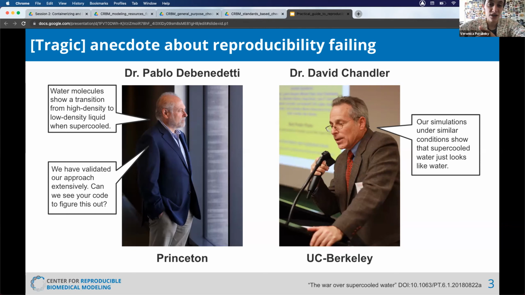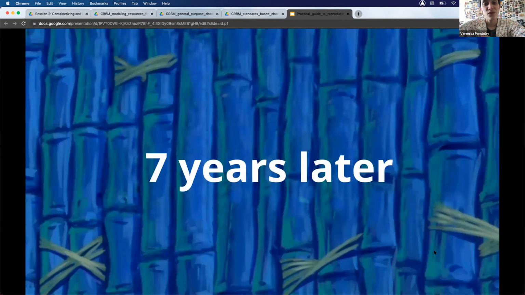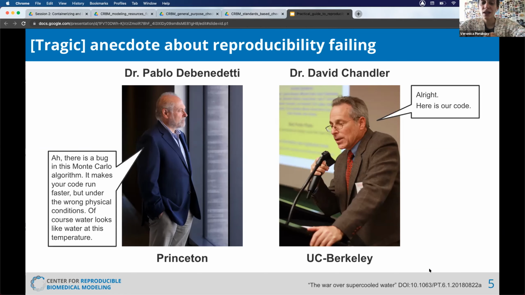And so the De Benedetti group spent a large amount of time extensively validating their code and findings. Ultimately, they requested to see the Chandler lab's code, and over the course of 7 years, the debate remained with some back and forth critiques and further investigation. It wasn't until the end of this period that Dr. Chandler's lab finally shared their code in full.